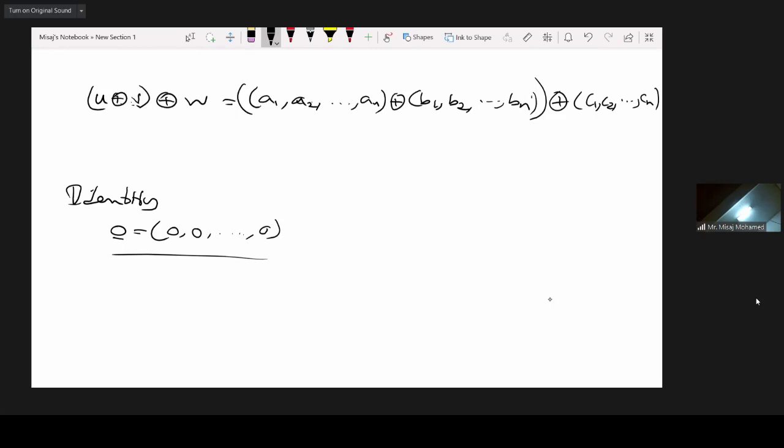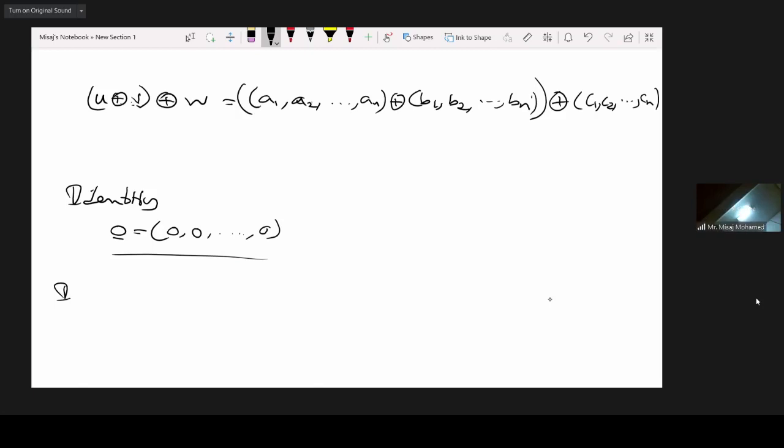If an additive inverse exists for that vector, what will it be? Minus value of the vector. So minus A1, minus A2, minus A3 up to minus AN.